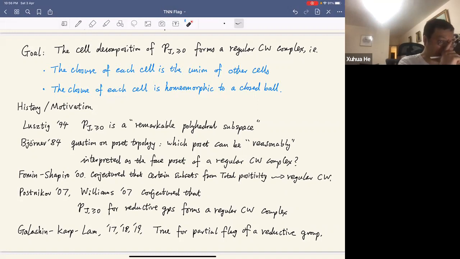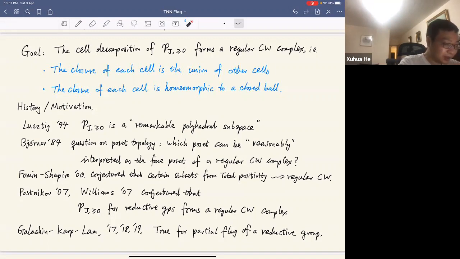The thing which we relate to this, particularly the partial flag, is due to Postnikov, who conjectured this for the Grassmannian. Later Williams generalized this to arbitrary partial flags and to reductive groups.